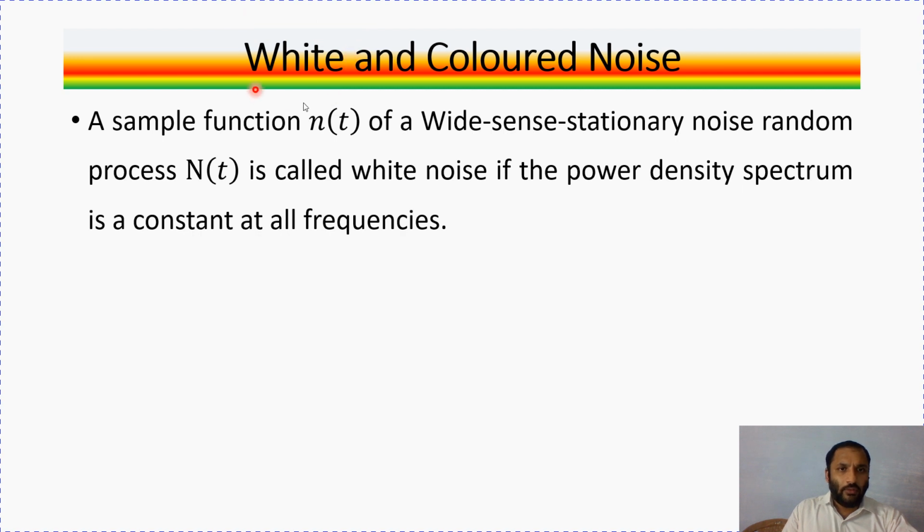Okay, if you mix three different primary colors, that is red, blue, and green, in equal proportion, then we can get white light. Of course, any color can be generated from the primary colors. So for simplicity, let us say we are mixing red, blue, and green in equal proportion, and we can get white light. Or if you mix all colors in equal proportion, then you also get white light.